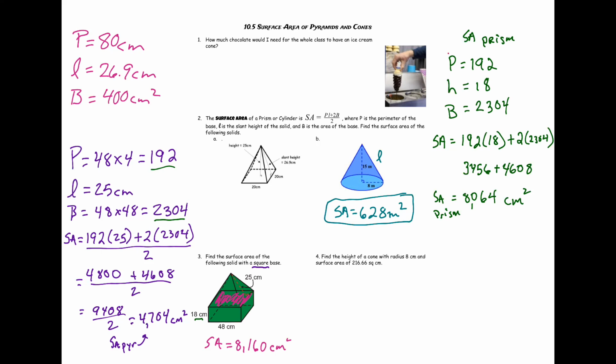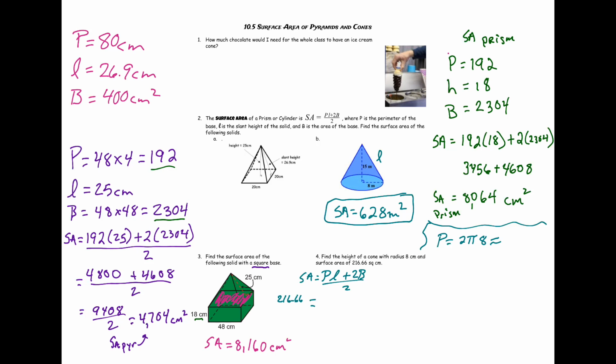So if I use my surface area formula, surface area equals perimeter times lateral height plus 2 times the area of the base over 2. And let's plug in what we know. So we know our surface area is 216.66. And then we know that our perimeter of the base is just circumference. So that's going to be 2 pi r, and our radius is 8.